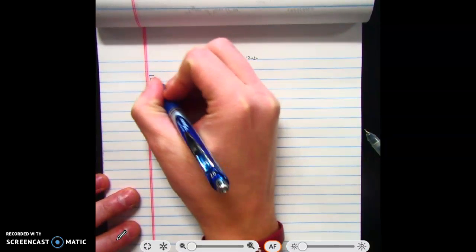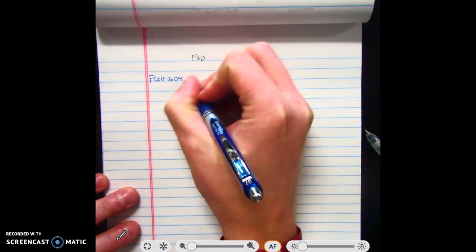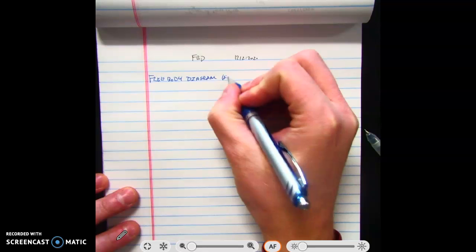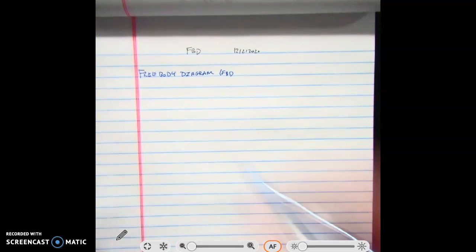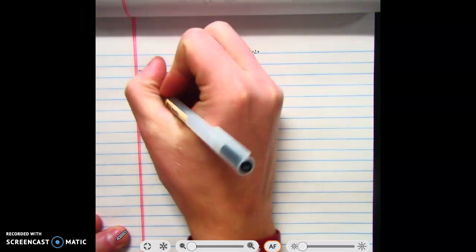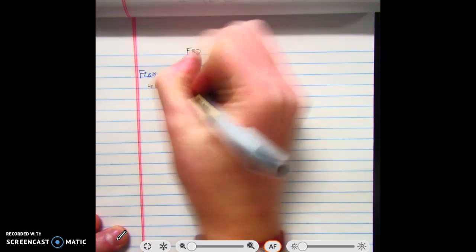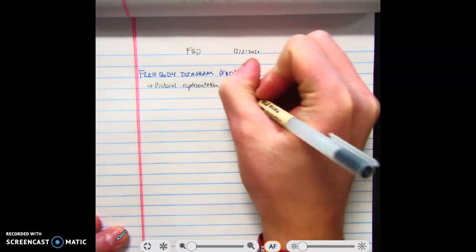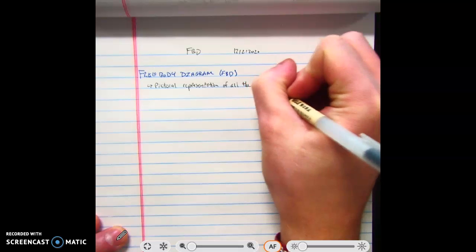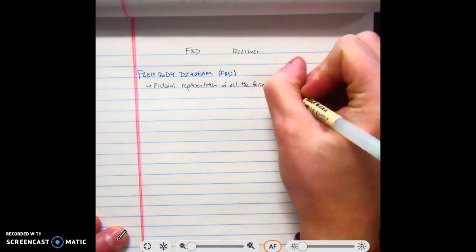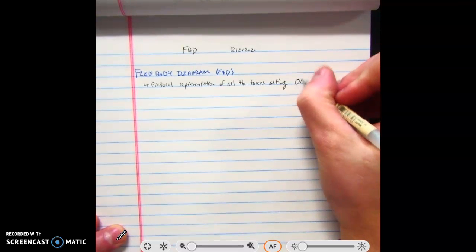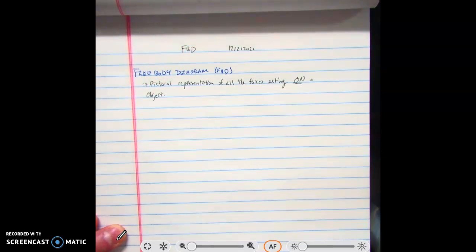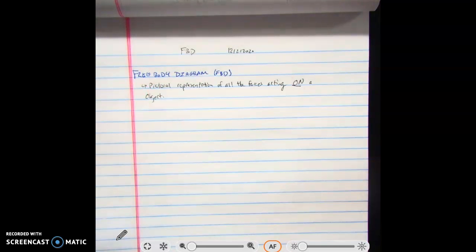Okay, so a free body diagram, or FBD, is a pictorial representation of all the forces acting on an object.